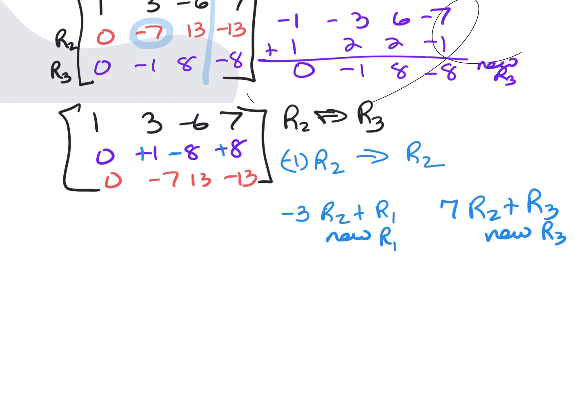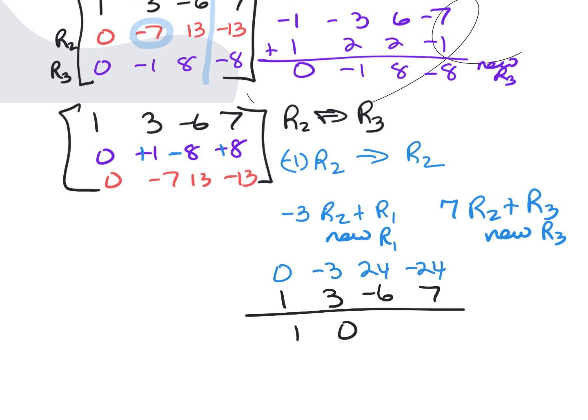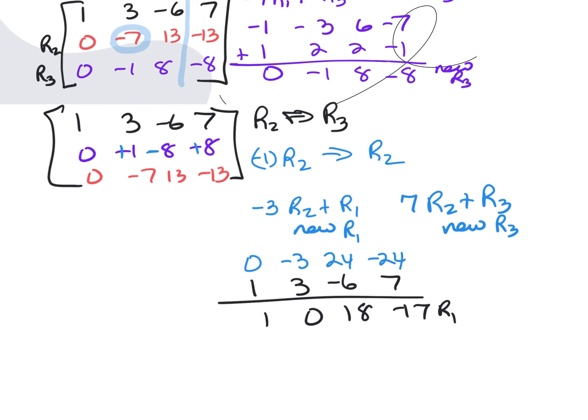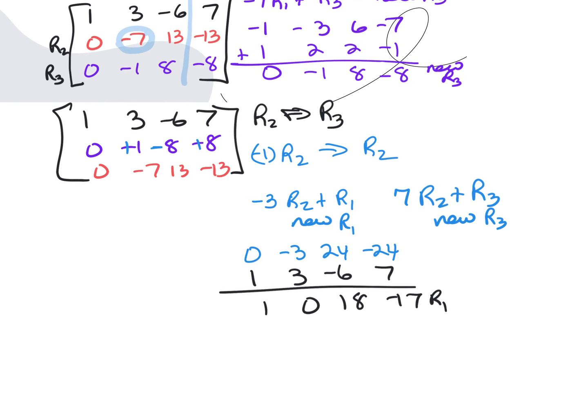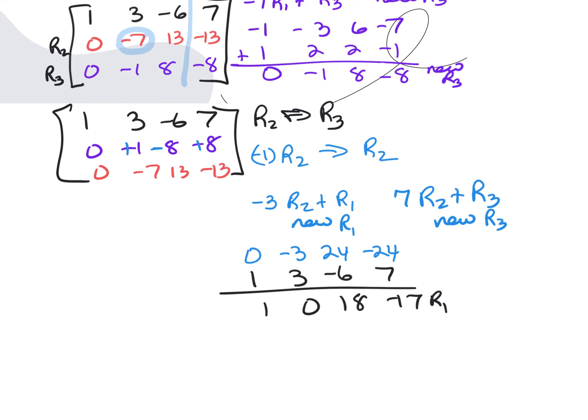So let's go ahead and let me multiply row 2 by -3. And that'll give me 0, -3, +24, -24, added to row 1, 1, 0, 18, -17. This is my new row 1. Now I need to do the same thing and get my new row 3, which is the red.